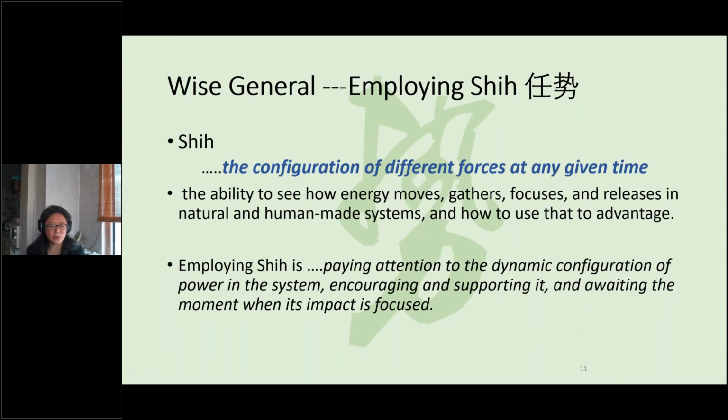So in order to do this, we have to be, again, open so we can watch how the energy is evolving, moving, and gathering. It also means that we have to be patient to see more, so that we can see more clearly and take the whole perspective, seeing all the stakeholders.